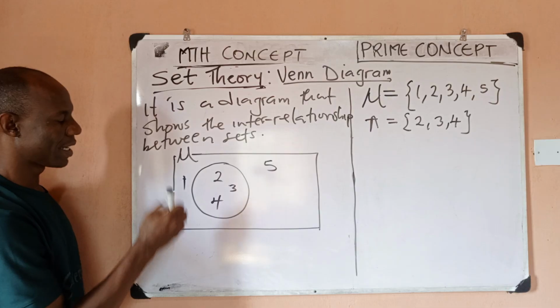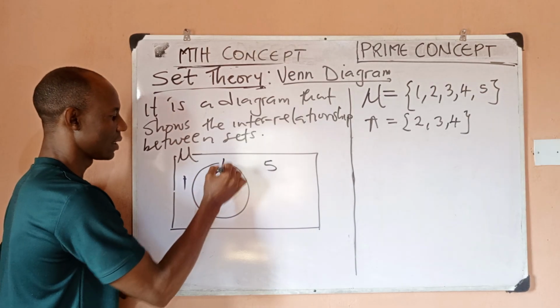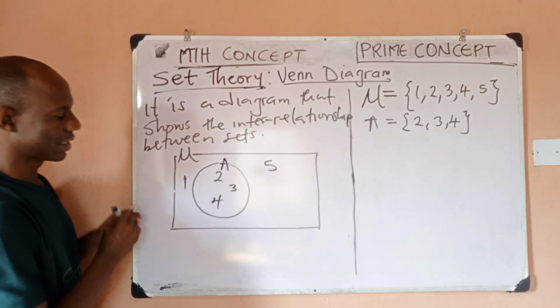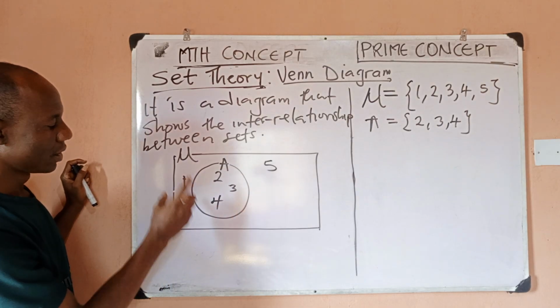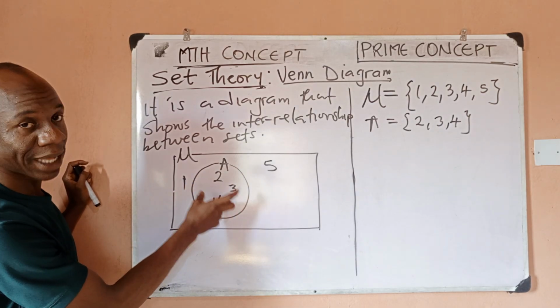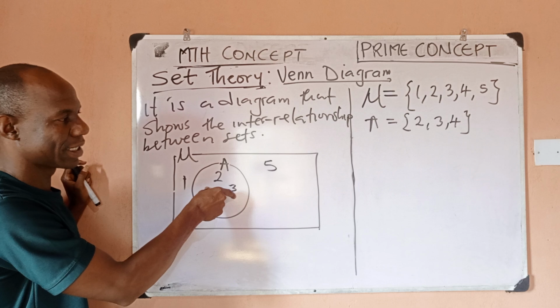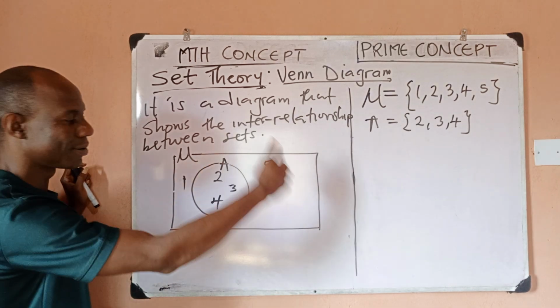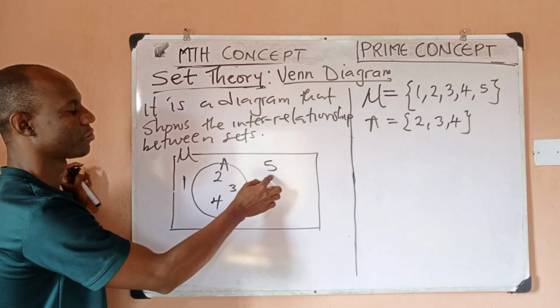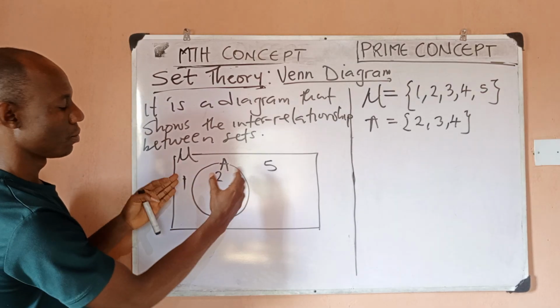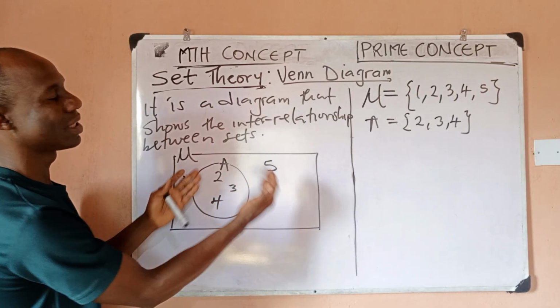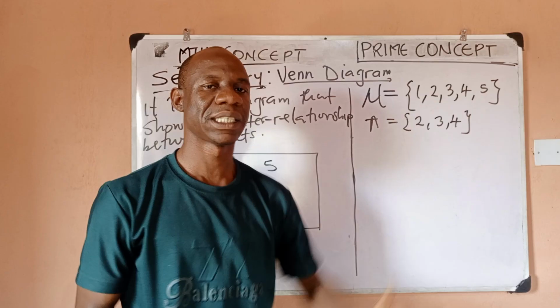You would notice that everything in this circle are members of A, but some elements are not inside this circle, but they are inside the rectangle, which is 1 and 5. So the totality of this circle plus what is outside the circle gives rise to the universal set.